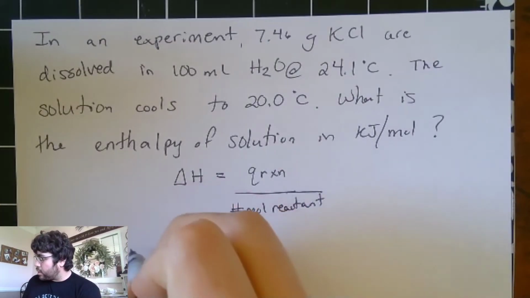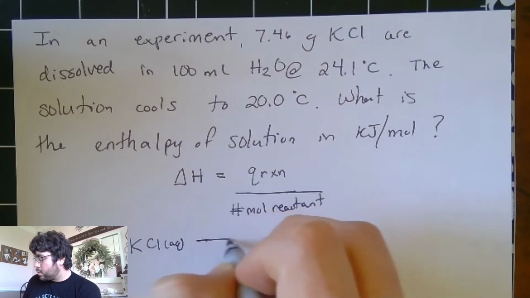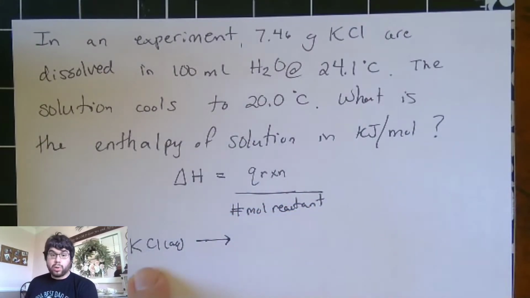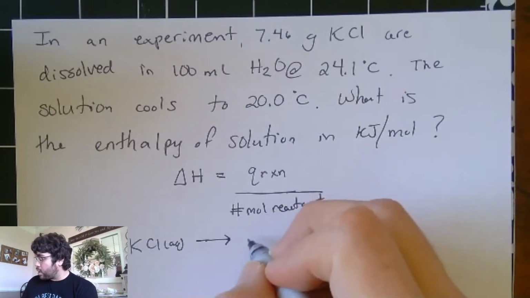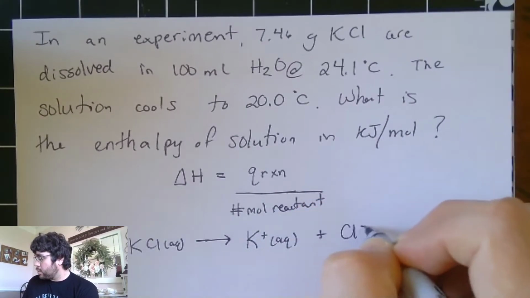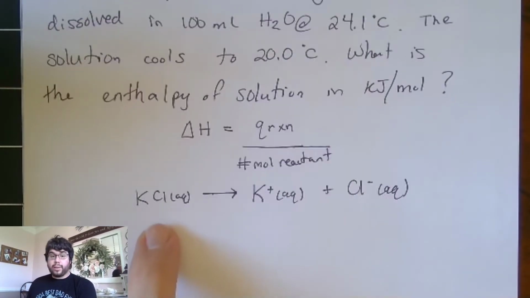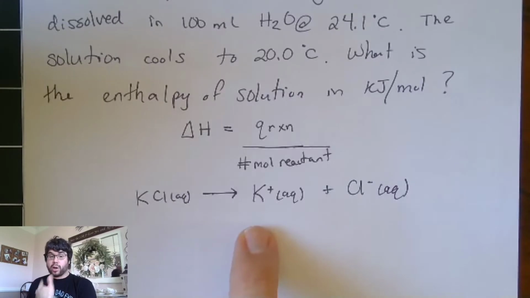The reaction that we're looking at is this one. So the salt is being deposited into water and it ionizes. We want to figure out when salt dissolves in water, how much energy is released per mole of that salt being dissolved in the water.